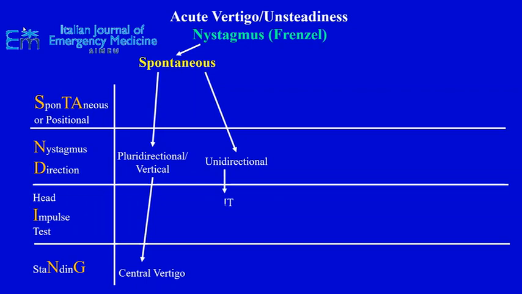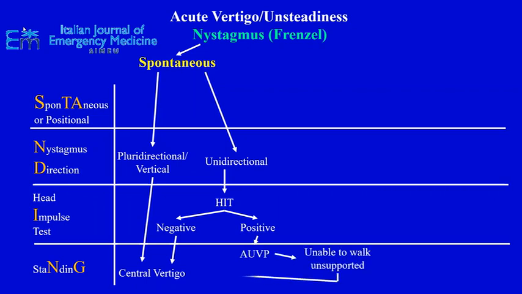If it is unidirectional, they do a head impulse test. If it is negative, it is a central vertigo. If it is positive, it is acute unilateral vestibulopathy. But if the patient is unable to walk unsupported, it is central vertigo. If the nystagmus is not present, but the patient is unable to walk unsupported, this is a central vertigo.